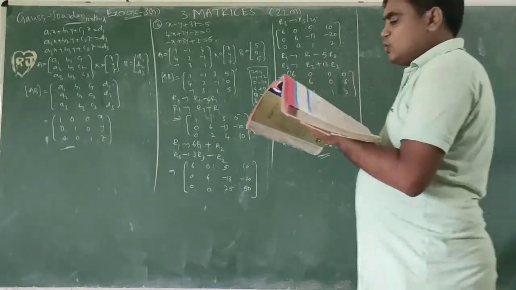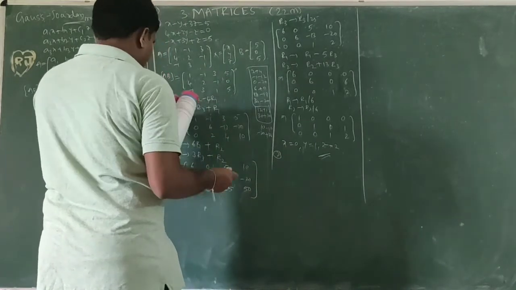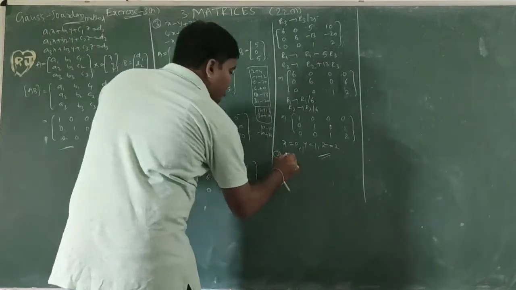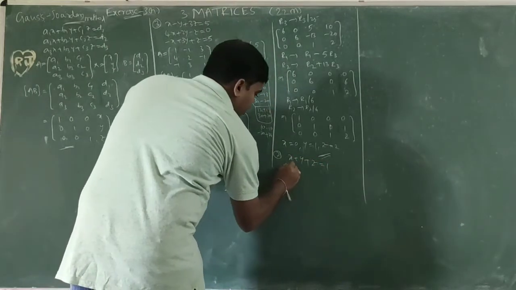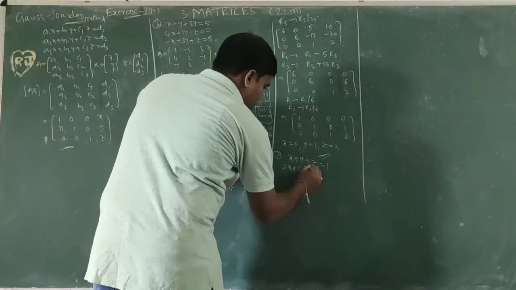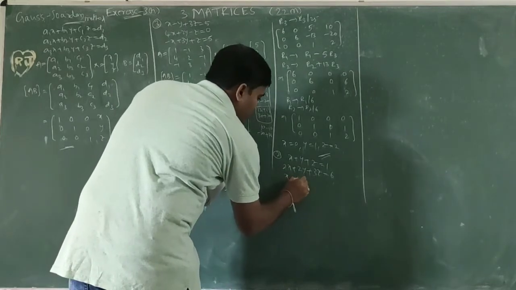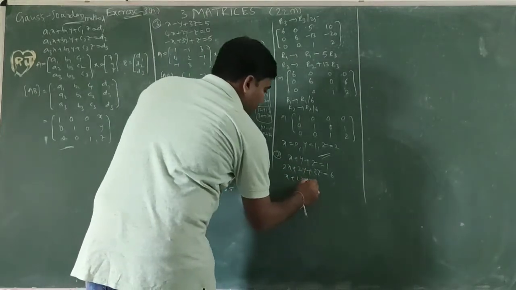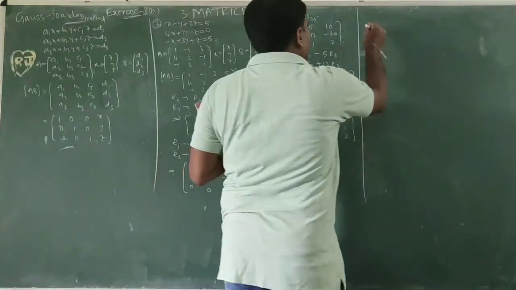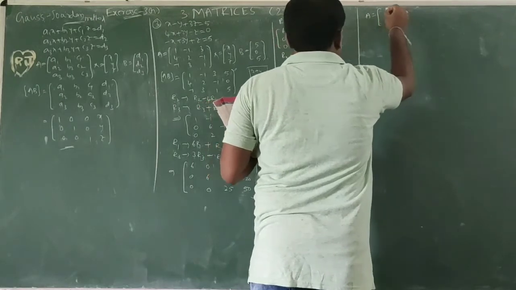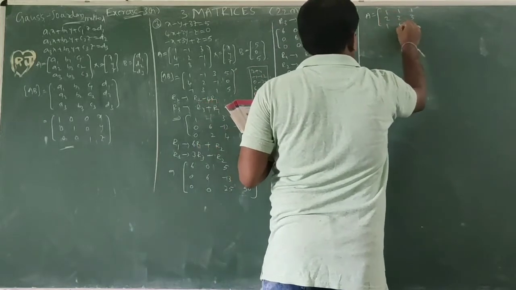Next, question number 2 I want to discuss. Second question: x plus y plus z equal to 1, 2x plus 2y plus 3z equal to 6. Next, x plus 4y plus 9z equal to 3. So A equal to 1 1 1, 2 2 3, 1 4 9.